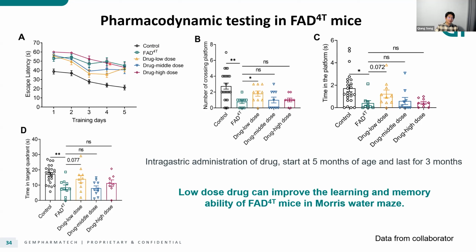In all of the FAD40 groups, the escape latency is longer than the wild-type control. But in the probe test phase, it clearly shows that compared to the wild-type control, the FAD40 group's learning ability is decreased, but the low dosage of the drug has observed a significant increase in learning ability in the FAD40 mice.